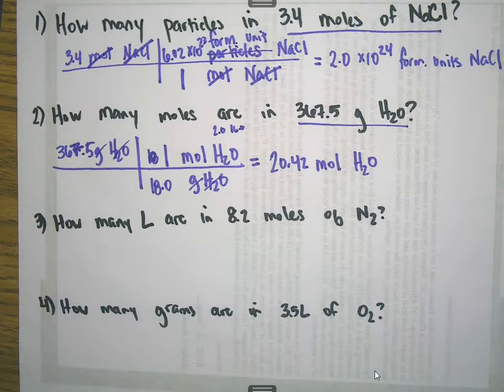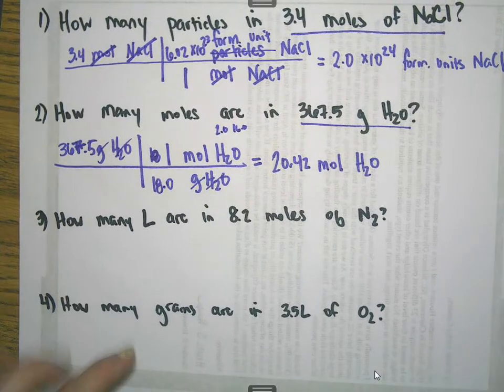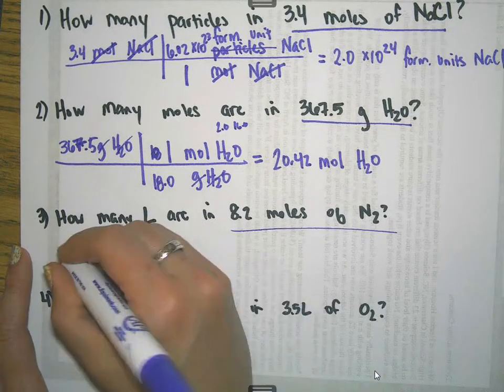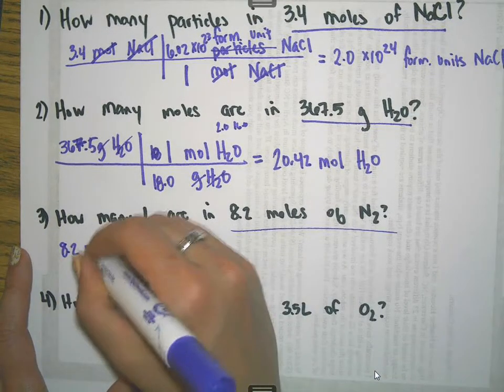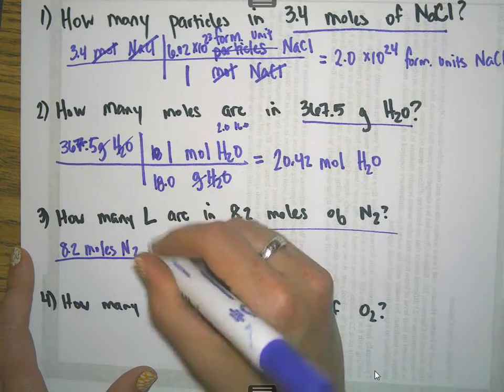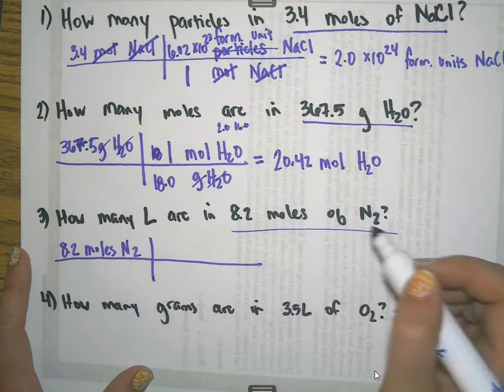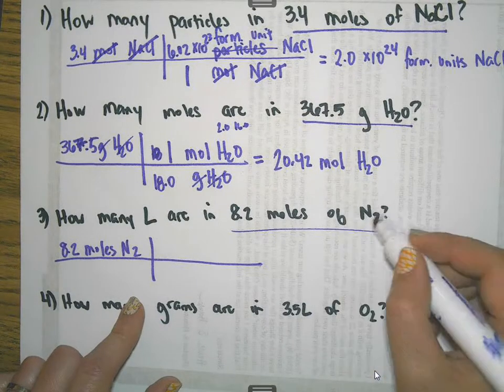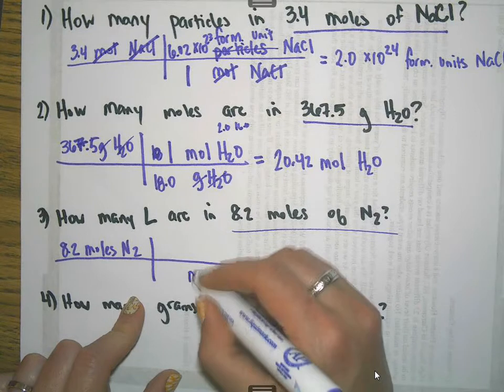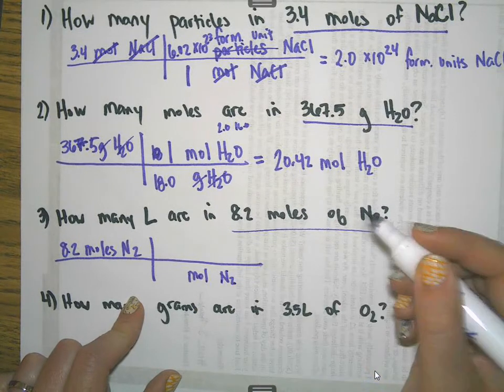The next one, how many liters are in 8.2 moles of N2? Start with what I know. 8.2 moles of N2. I can use the 22.4 liters thing with this because I know that N2 is a gas on the periodic table. Moles of N2 must go on the bottom.